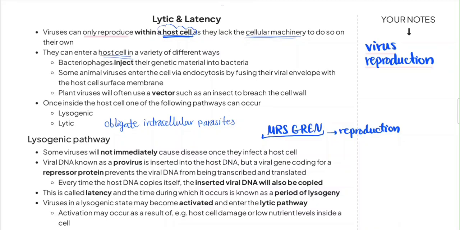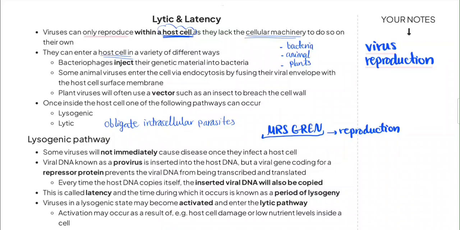They can enter a host cell in a variety of different ways. They can affect 3 types of organisms: bacteria, animal cells, which includes human cells too, and plants.